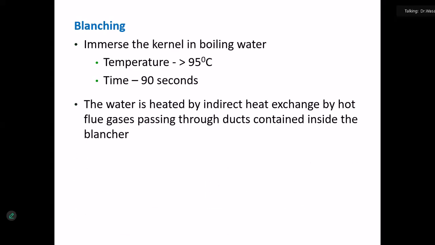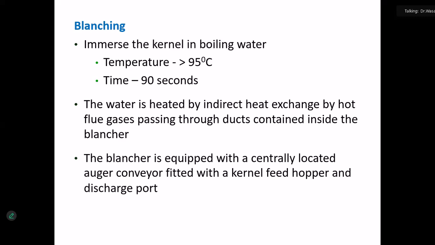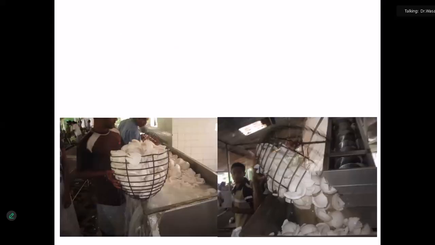Now, the boiled water is heated by hot flue gas. Blanching is normally done using a conveyor. It has a centrally located auger conveyor, kernel feed hopper, and discharge port. What they do, you can see here, this is the blancher. So manually loaded blancher.